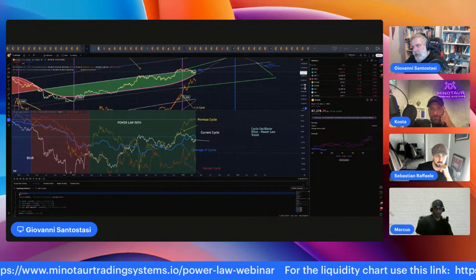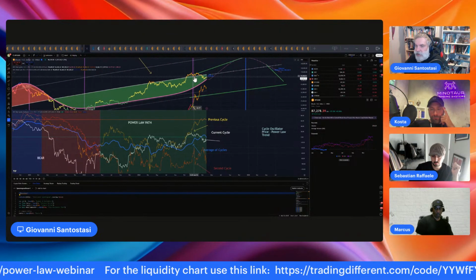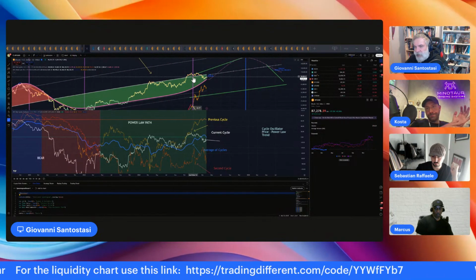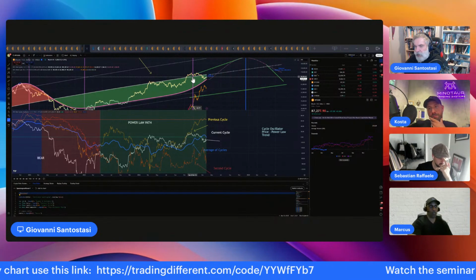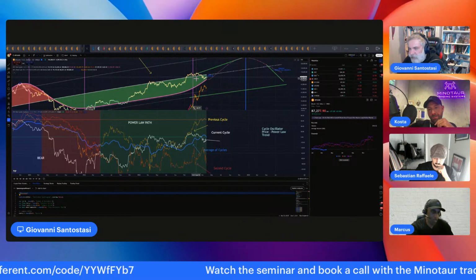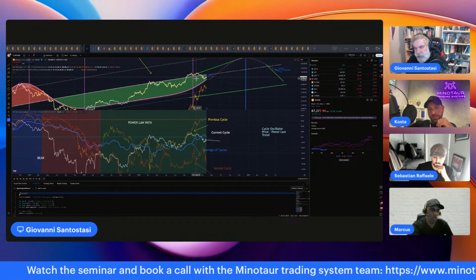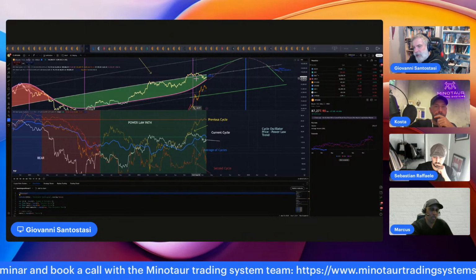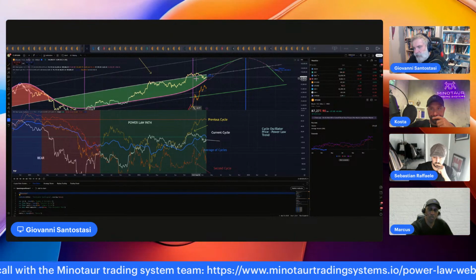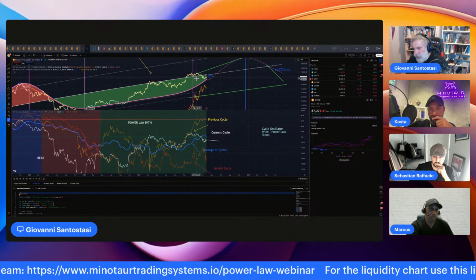And to answer your question, I think by early January, maybe this is something that Marcus can confirm, by looking at how the liquidity looked like, and I think we did that exercise at a certain point offline with Marcus, it would have been clear that something was different and we were going to have a correction.